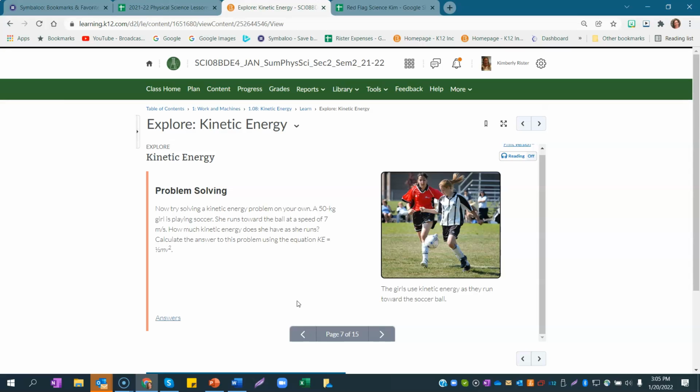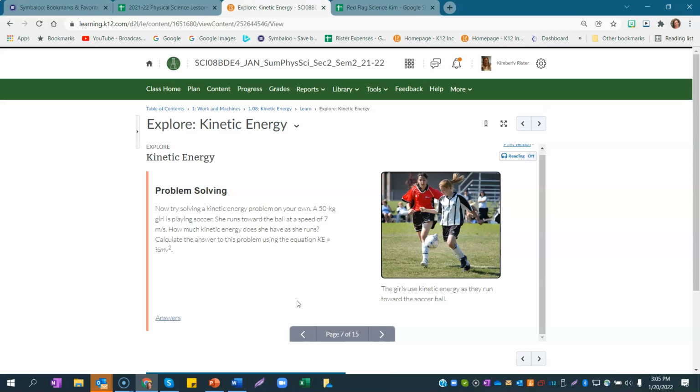Calculate the answer to this problem using the equation that we just saw. I have to grab a pencil so I can talk myself through it as well, to write out everything you know and what we're going to be doing with our problem here.